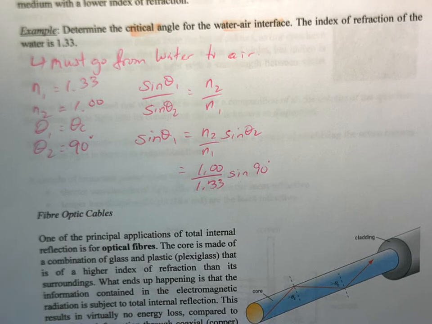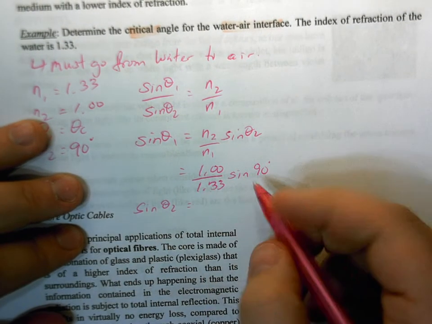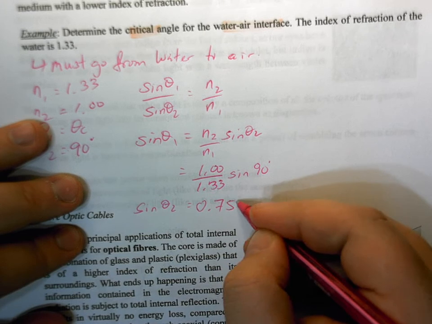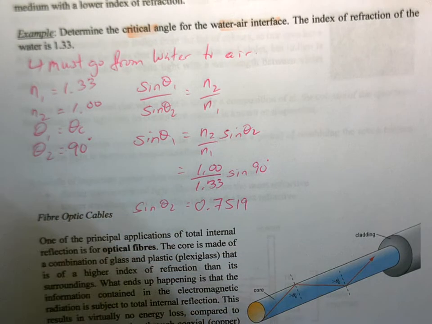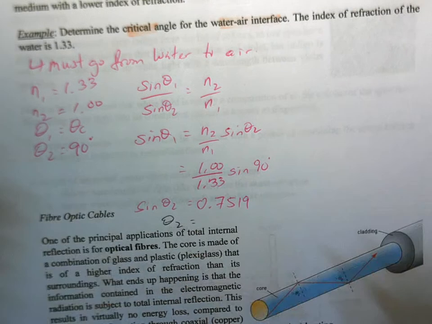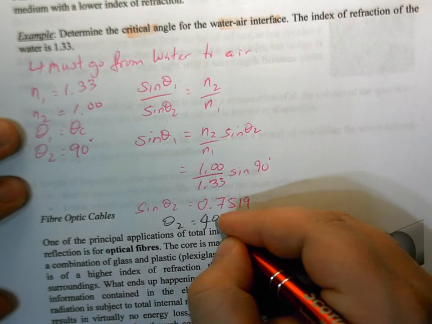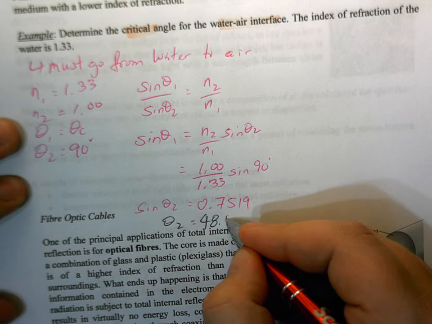So what we get here is that sine of theta 1 is about 0.7519. Now I don't want the sine of theta 1, I would like the inverse sine of this. So I get my angle is about 48.8 degrees.